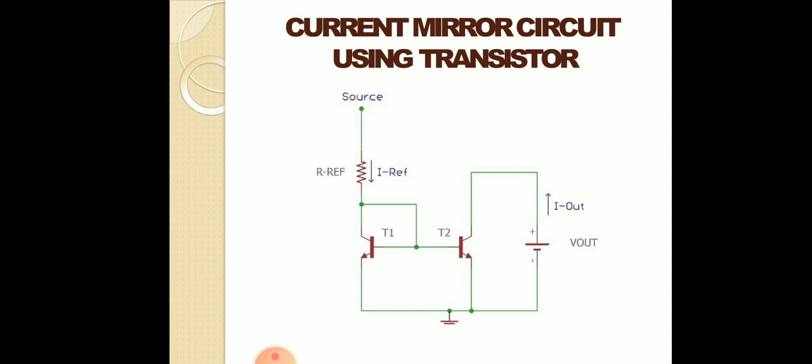So, the best way to determine the output current is to add up the node current, where the IREF is flowing.